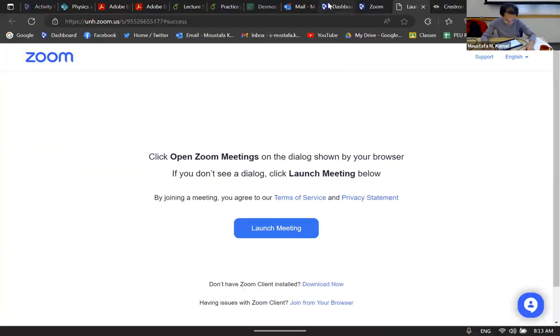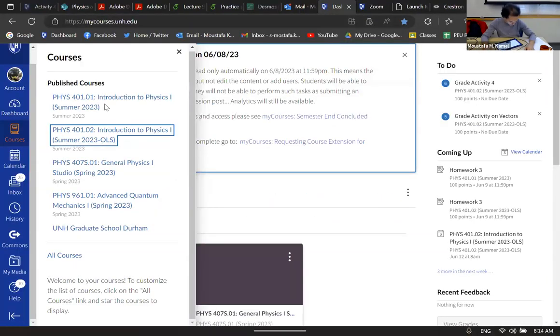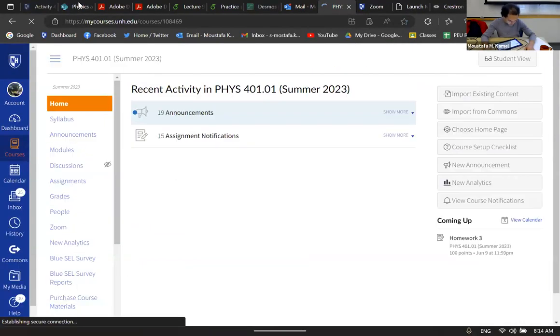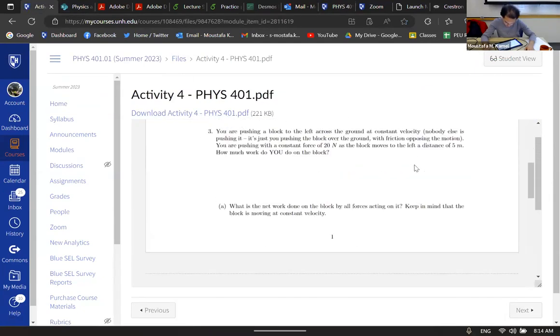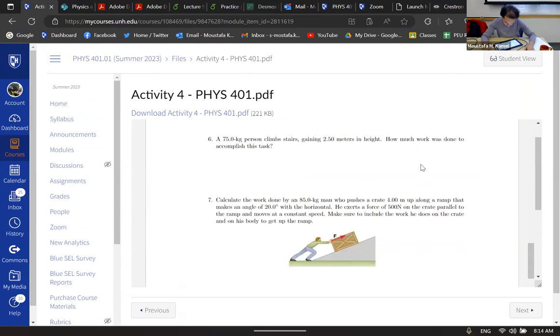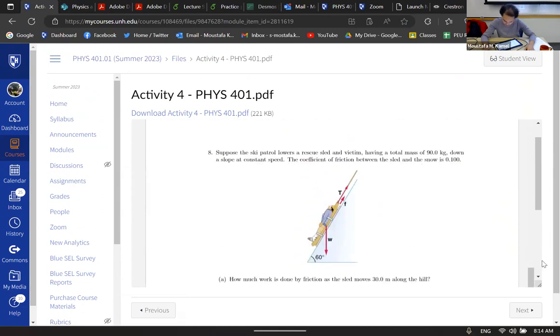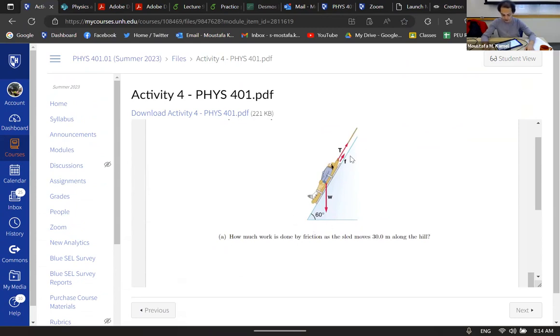So let me pull it up first. Actually, it's here. So this was the problem, problem 8. We have an inclined plane, and we have all of these forces acting on the guy.